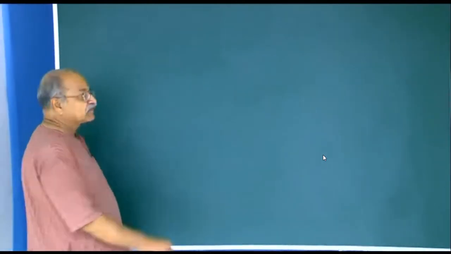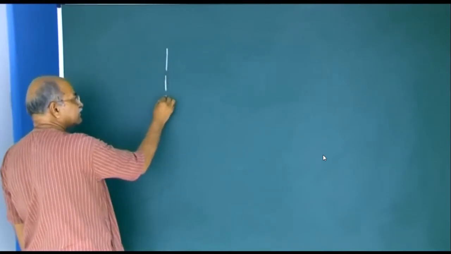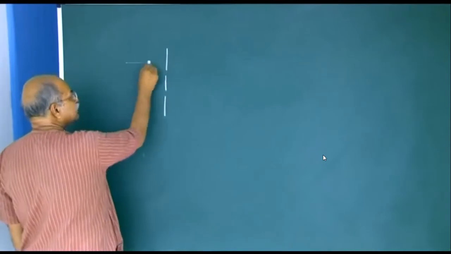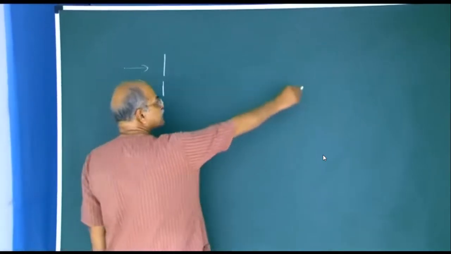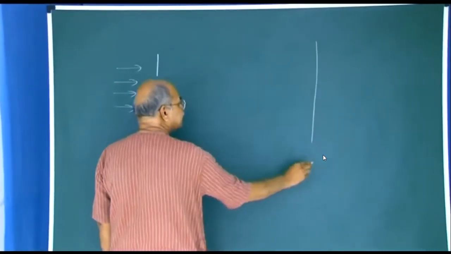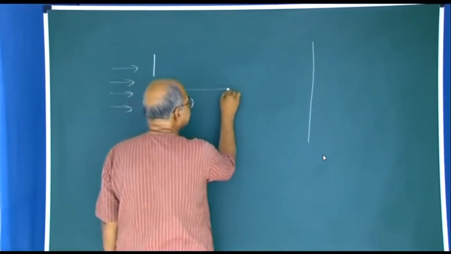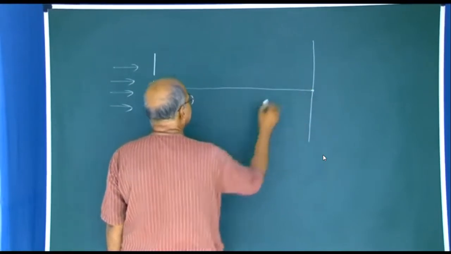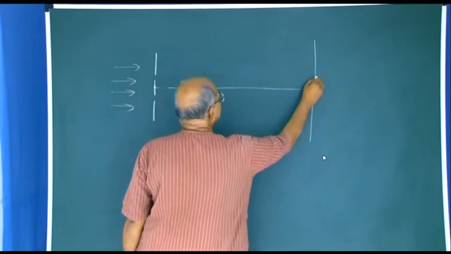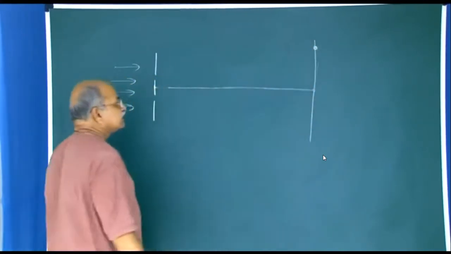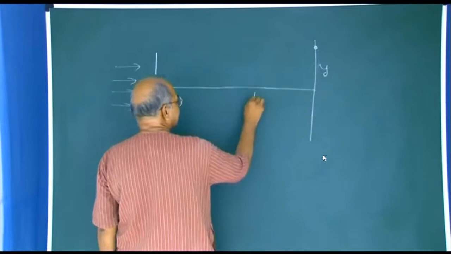So if you have two slits, let us say you have one slit here and then another slit here, and then you send this light beam, parallel light beam, and on the other side at a large distance you collect it on a screen, and then you have this central point on the screen where the intensity will be maximum, and then you look at some point on the screen away from the central point, and this distance is say y, this whole distance is capital D.